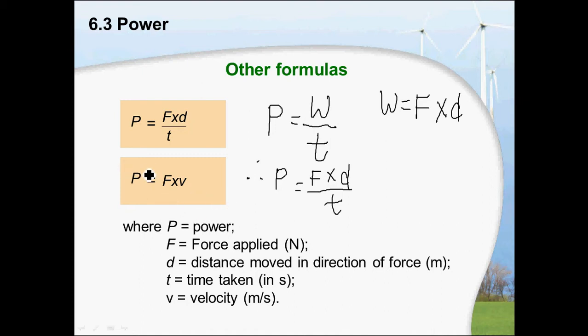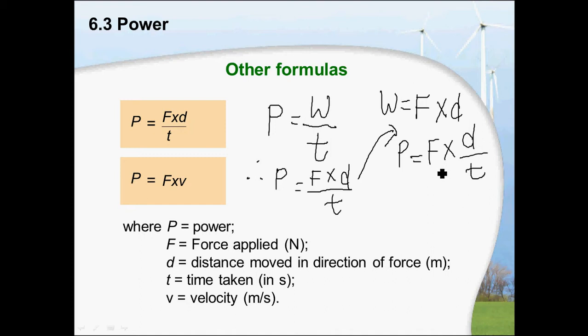How about the next formula, force times velocity, which looks very strange? It's actually derived from the formula above. How do you derive it? We can write power as force multiplied by distance over time.